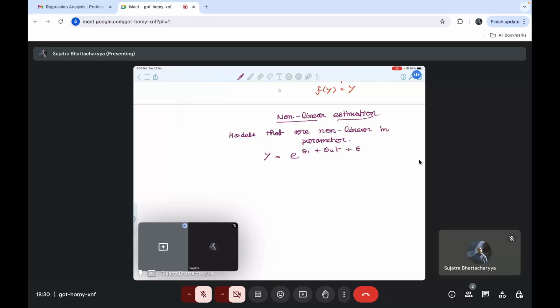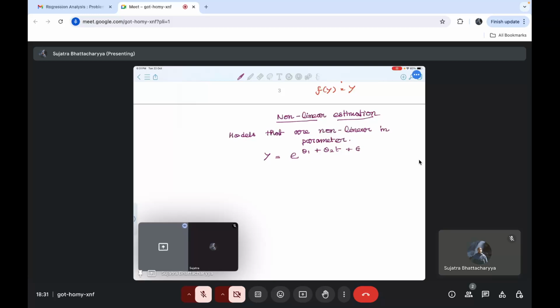T is the regressor variable. So here, in case of nonlinear estimation, there is a change in the symbols. I will discuss it later, or if you have gone through the video lectures, you will find that t is represented as the regressor, and thetas are represented as the parameters.